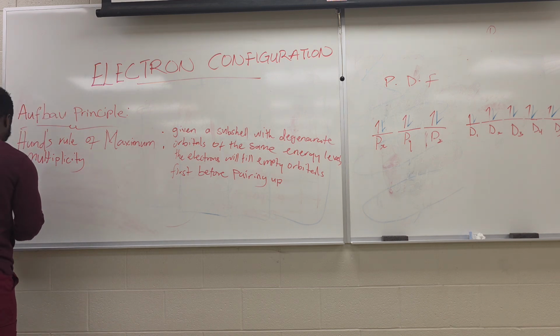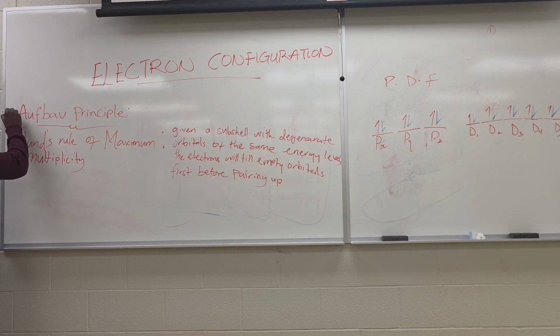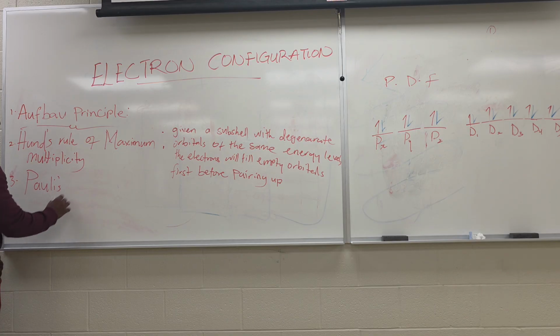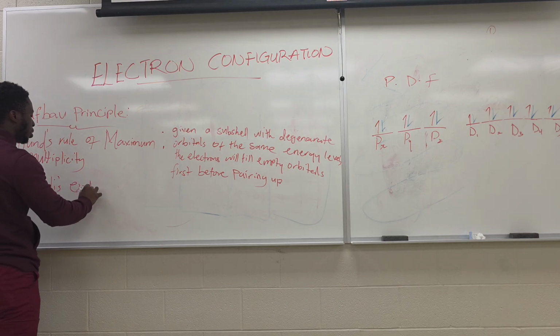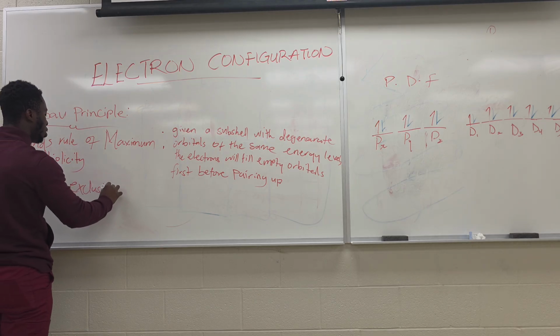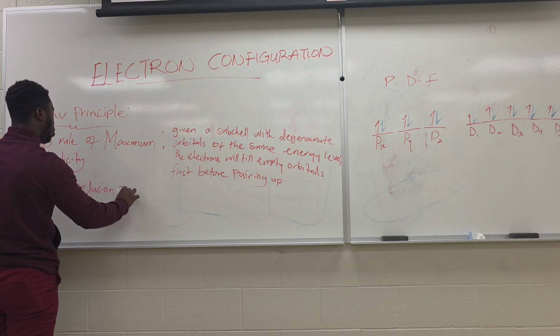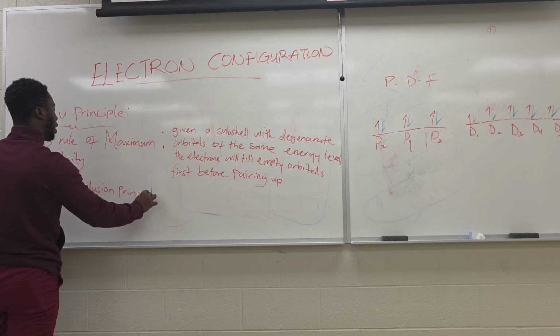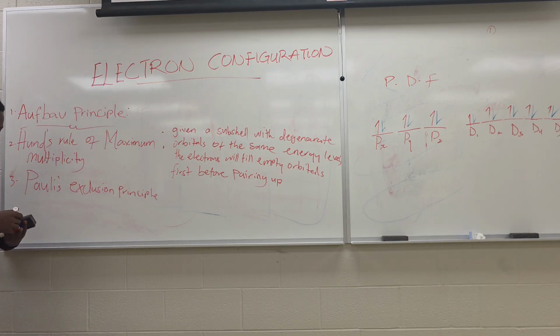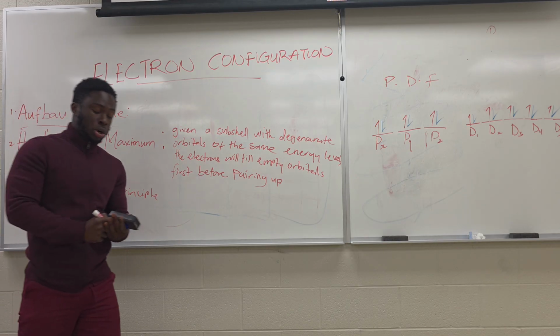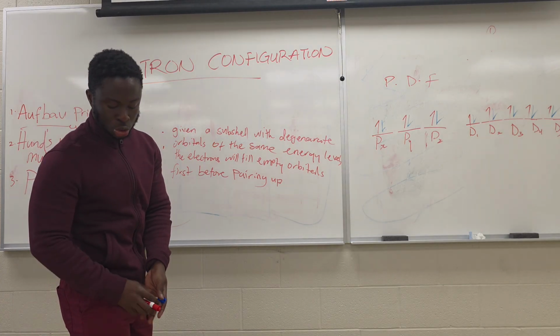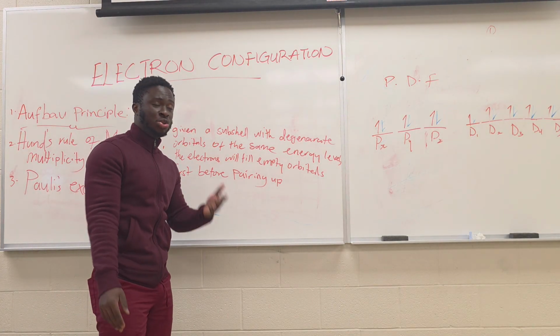Then after Hund's rule, 1, 2, 3, we go to the Pauli exclusion principle. Now the Pauli exclusion principle, depending on which book you read or how you Google it, comes in two forms.